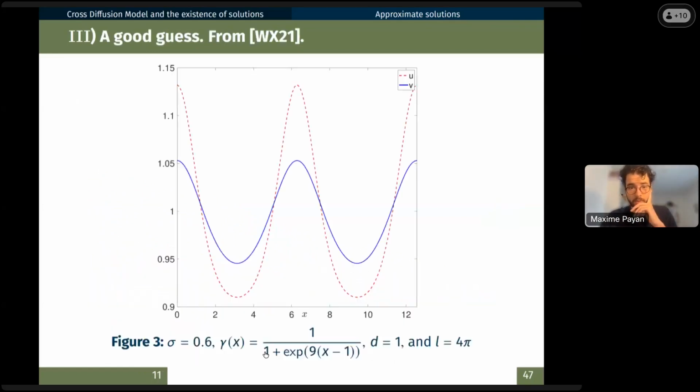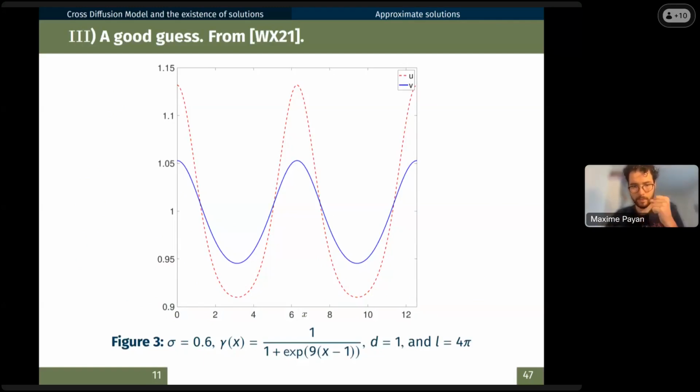So now, oh yes, also you can have some solutions from the literature, okay? This is a solution that I refined from an article of Wang Xu with another motility function, a more complex one, with the inverse of a rational function, the exponential.